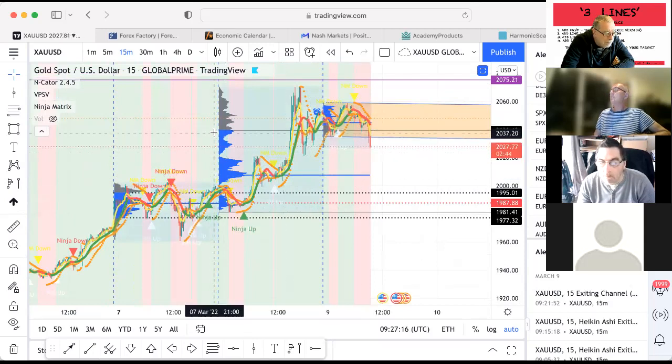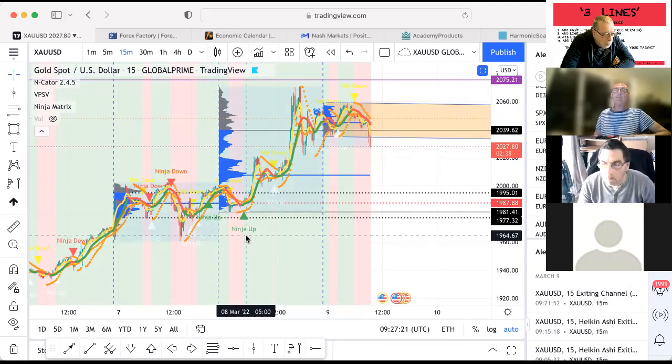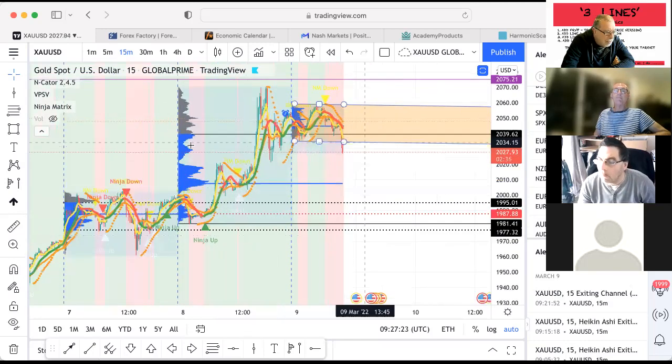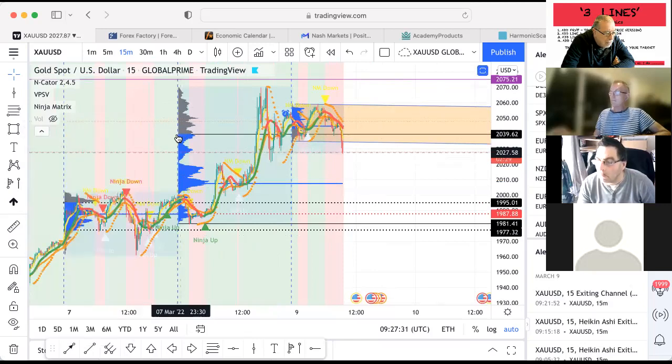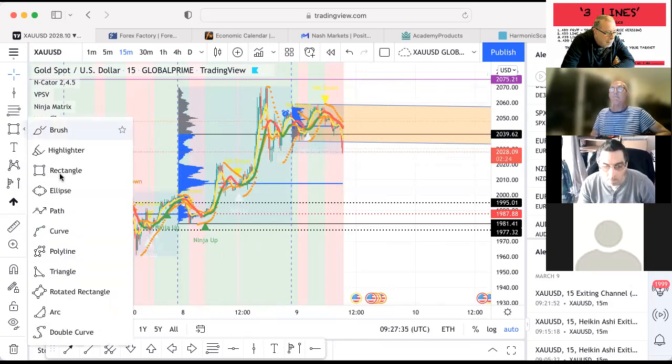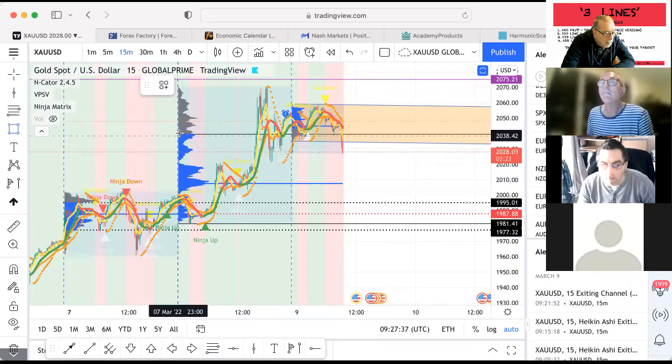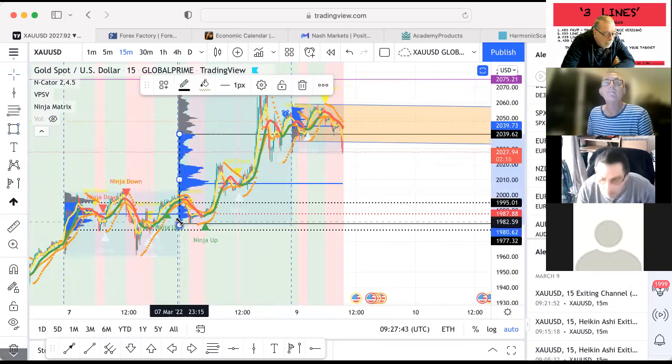We've got too many lines on, but we'll leave those on because if you think about this is our field of play, our field of play for today. Yeah, that's our field of play.